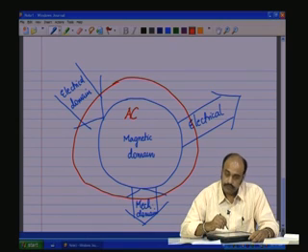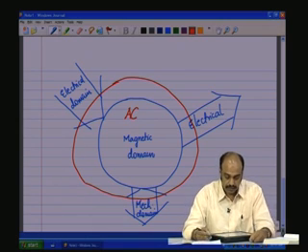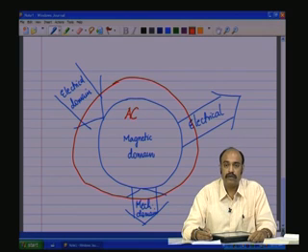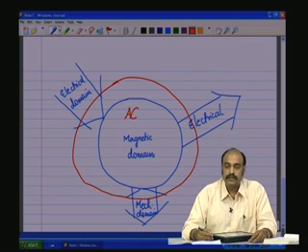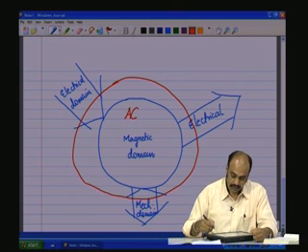So, before we go further into the understanding of equipment like induction motors, 3-phase transformers, synchronous motors, and synchronous generators, we should have a good understanding of 3-phase systems and what they are.